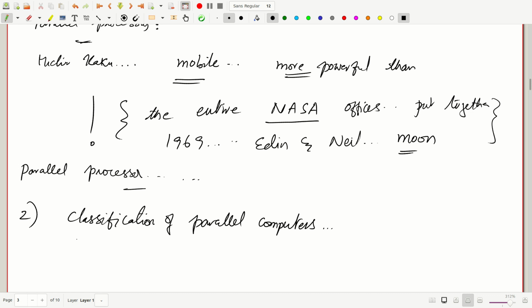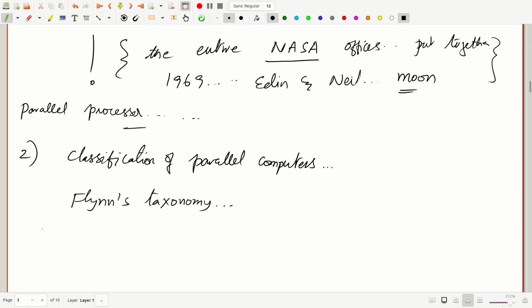So the best known classification of parallel computers is known as Flynn's taxonomy. Okay, so in Flynn's taxonomy, we are looking at two things. One is known as the instruction stream. The other is known as the data stream.